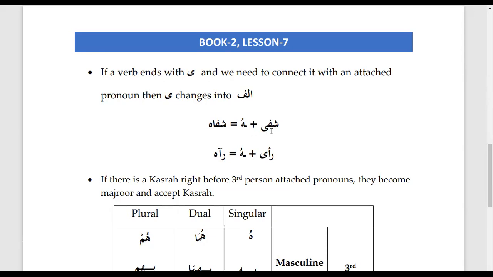For example, the verb is shafaya, so it is read as shafa. And when we want to connect it with hu or ka or whatever the attached pronoun is, then this ya changes into alif. So it will be shafahu. So ya changes into alif when we connect it with the attached pronouns.